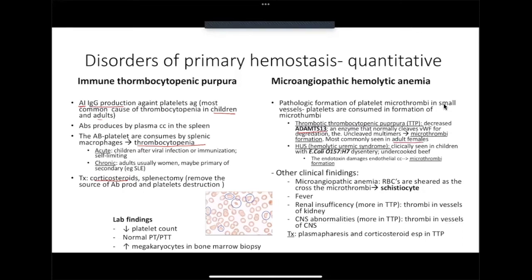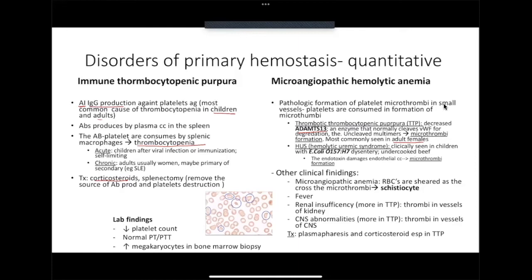Next, you have hemolytic uremic syndrome, and I think you probably saw this in the lecture on E. coli, how E. coli can cause this. Basically, the endotoxin from the E. coli damages the endothelial cells, and there is now microthrombi formation.